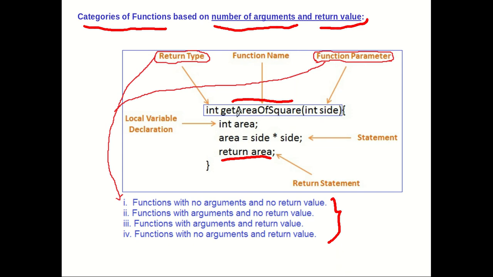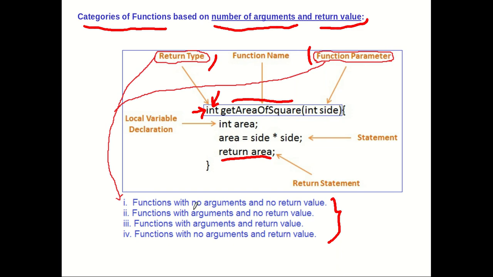That is why we have mentioned the name of this function as a function name. We have specified one parameter it is taking, and after performing the operation it is returning an integer value. So depending upon the arguments and the return value, we have classified the functions into 4 categories.